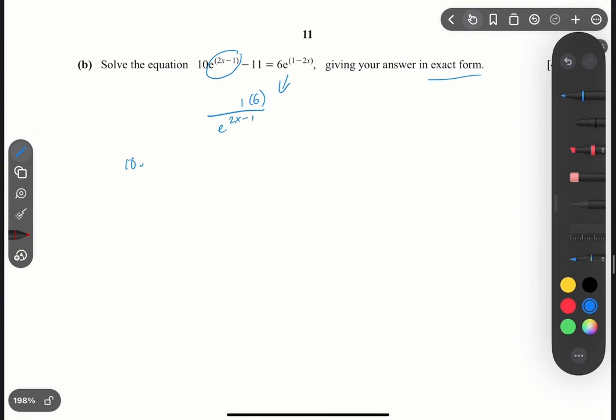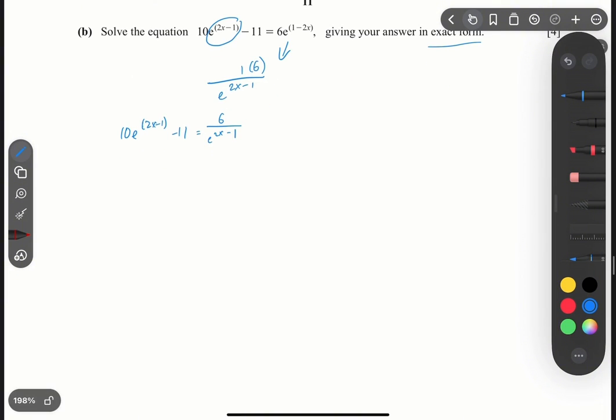So if you rewrite the entire equation, it will be 10e to the 2x minus 1, minus 11 equals 6 over e to the x minus 1. And since you have e to the power of 2x minus 1 on both sides, you can let y equal e to the power of 2x minus 1.